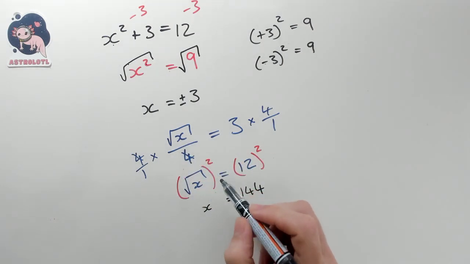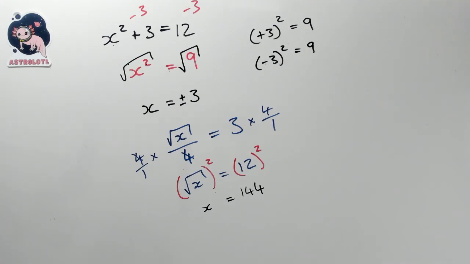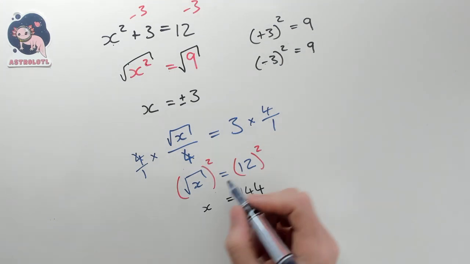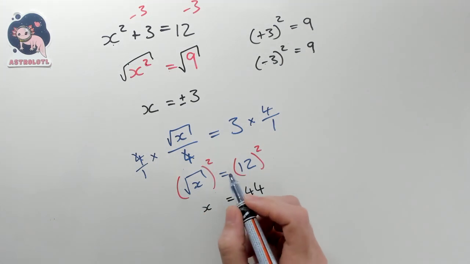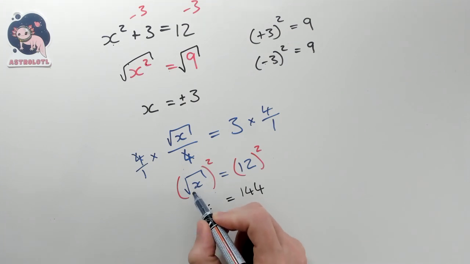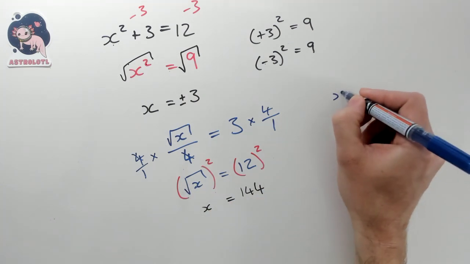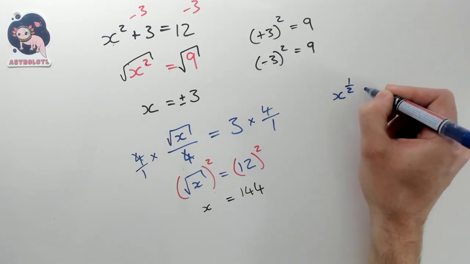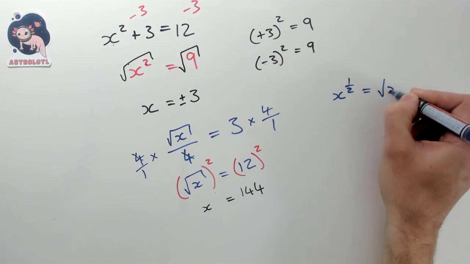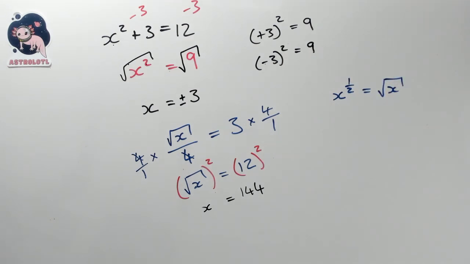Just as a little bonus, you must have seen the indices video by now. If you haven't, then there's a series on indices. But the square root of x can be written as x to the power of a half. So these two things are the same.